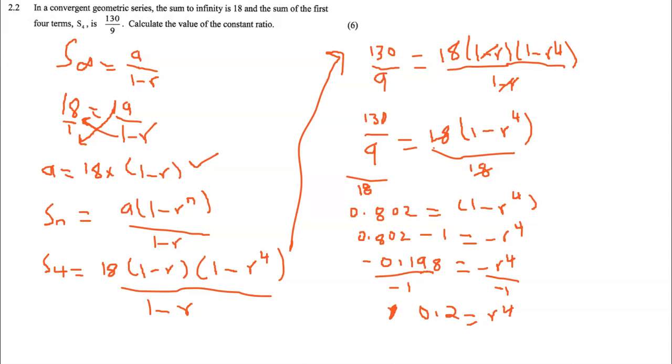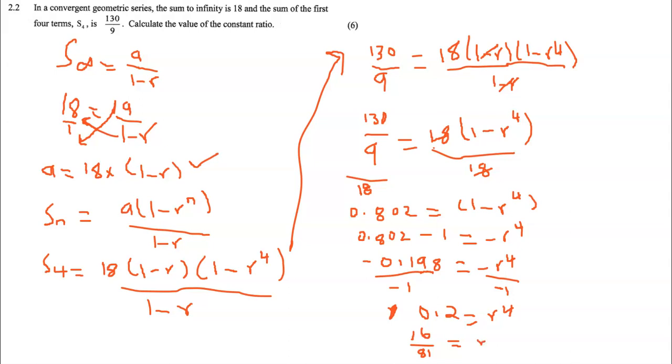This number I got, which is negative 0.198, is the same number as a fraction, which is 16 over 81. So don't be surprised if you're using a normal fraction, it will be 16 over 81, the same thing as negative 0.198, or nearest, which will be 0.2.